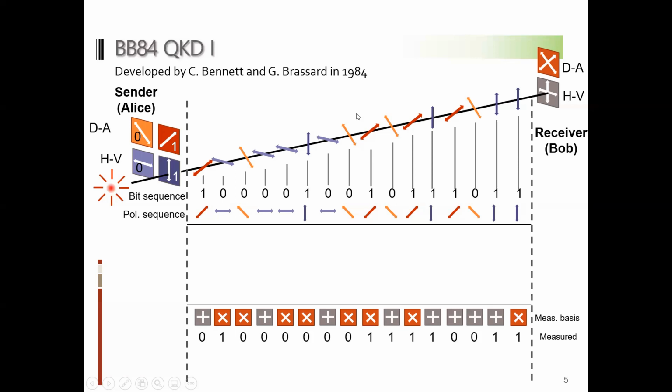So before the transmission, they never shared, and even after the transmission is done, if they start to share the actual bit sequence or the measured value, then they are exposing their secret key. That's not what they want. But if they only share what kind of basis she used and what kind of basis Bob used, then there is no more information.